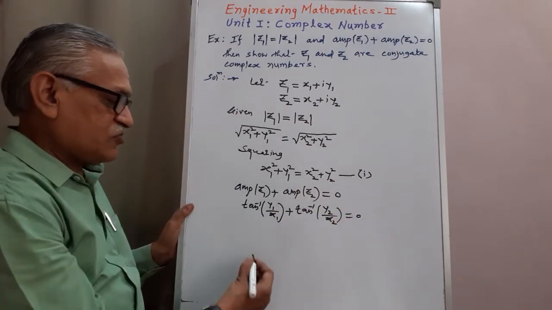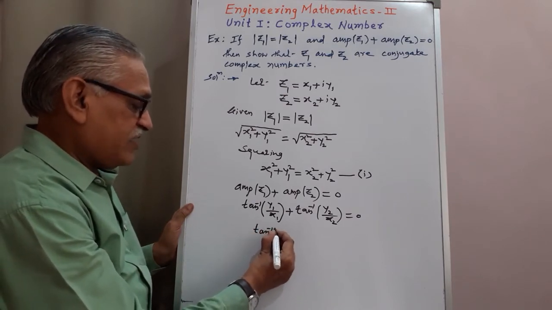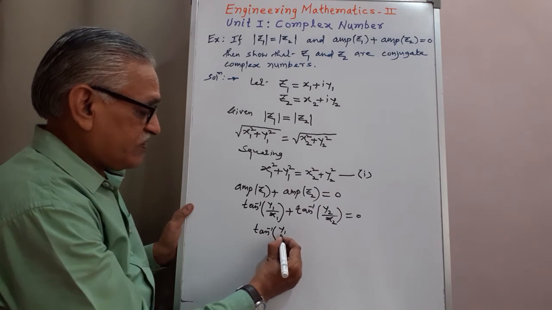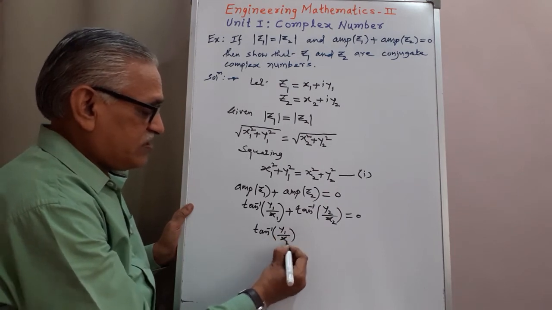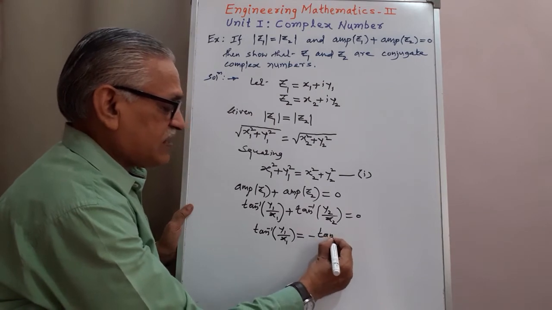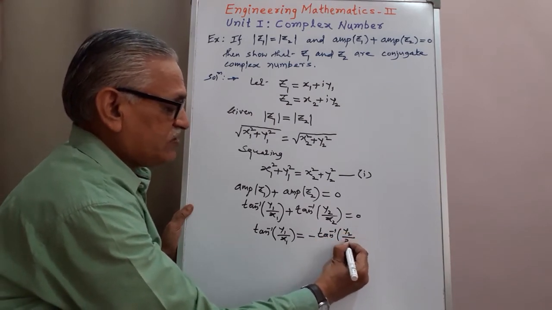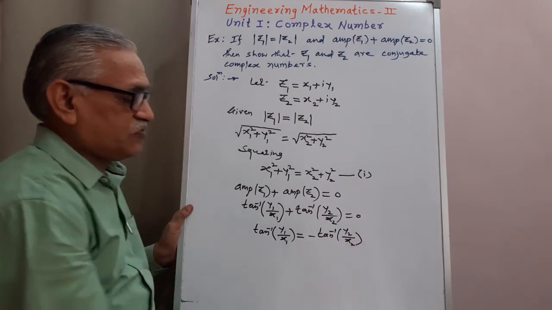Transferring that term to the other side, we get tan inverse of y1 upon x1 is equal to minus tan inverse of y2 upon x2.